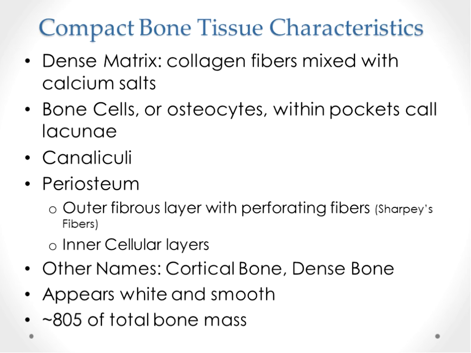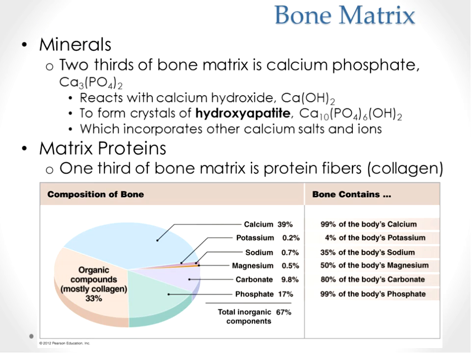Because of the way calcium and the other ions it's binding to combine into a solid mass, it takes on mostly a white and smooth appearance, so that's why bone looks that way. And approximately 80% of total bone mass. So it's a lot of bone mass. It's very heavy.